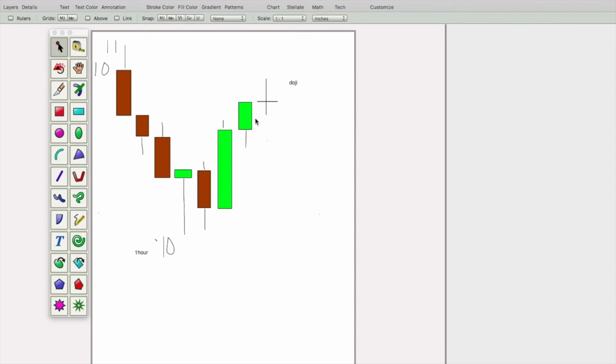So these are called dojis, and there are so many names to these guys. Like this one over here is a pin bar. I normally trade a lot of these actually. This one's like a bullish engulfing candle. There are a lot of names to these things.